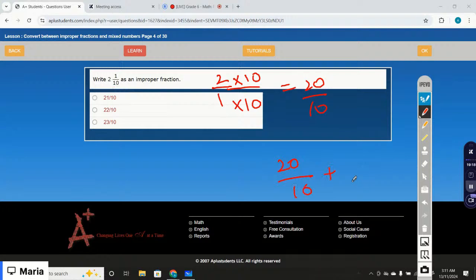You need to add to the fractional part, that is 1 over 10. So the correct option is 21 over 10.